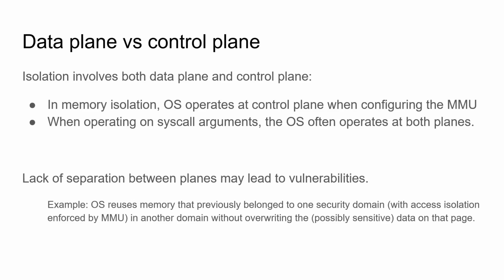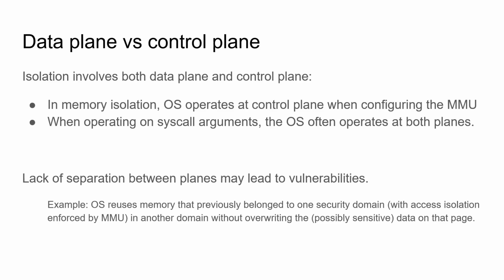It is useful to distinguish between data plane and control plane operations, where control plane and data plane are defined somewhat analogously to how we define them in networking. Remember, in networking, we have operations that happen all the time, right? Whenever a packet arrives at the network switch and it needs to be switched to some output port, this is a data plane operation.